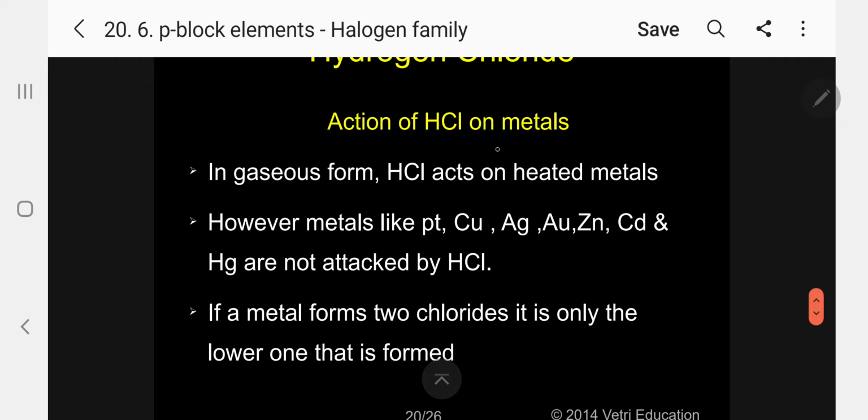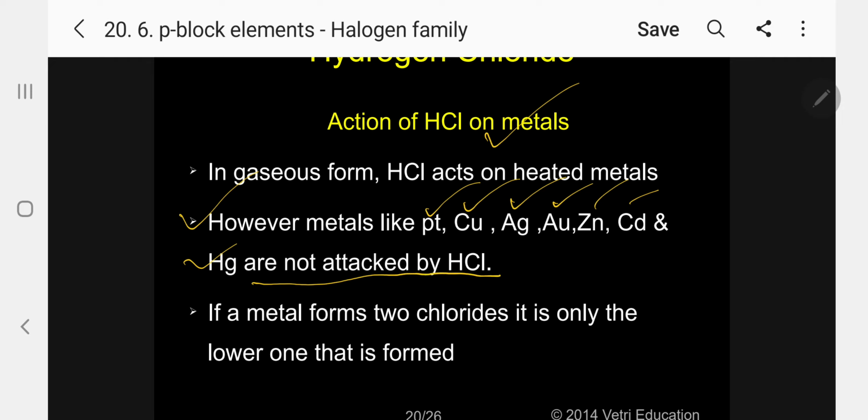In gaseous form, HCl acts on heated metals. However, metals like platinum, copper, silver, gold, zinc, cadmium and mercury, they are not attacked by HCl.